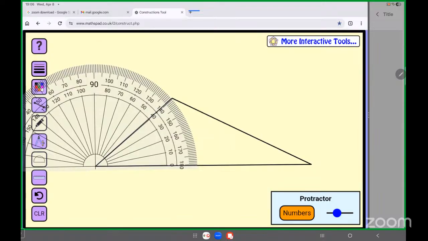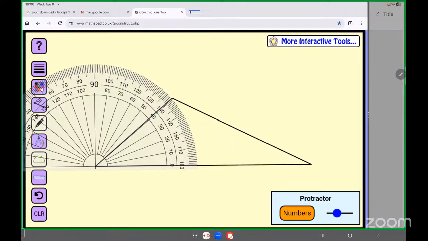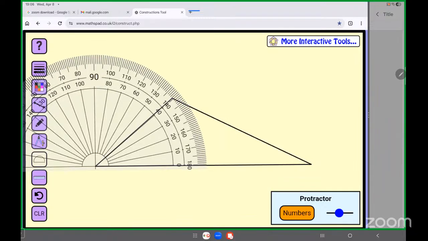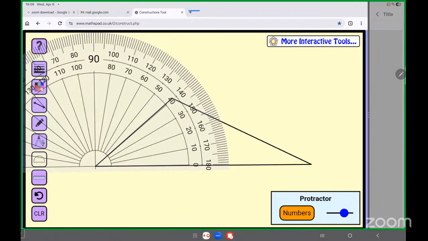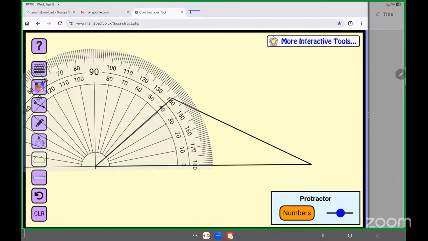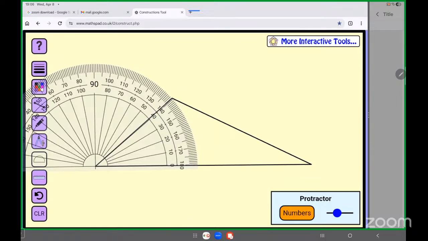In this example, because we're measuring the angle on the right side of the protractor, we have to use the inner scale, the 0 scale. This one looks like it passes through about, remember, the 0 scale you're reading now. So it's 40, go 41.